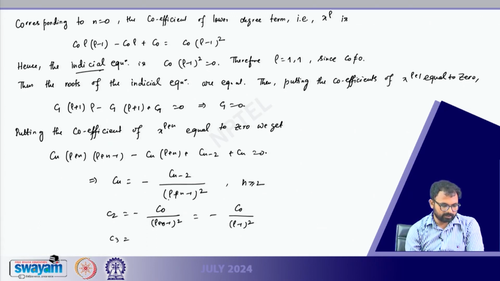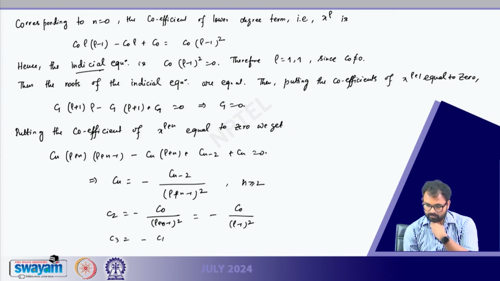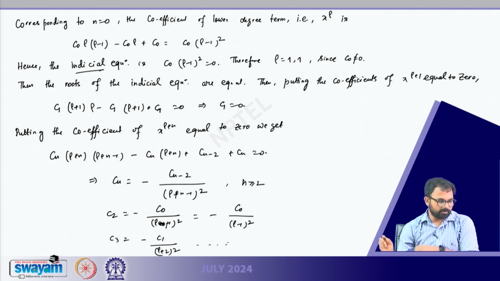So, if we have C3, it will become minus C1, and when we substitute n equals 2, this becomes (rho plus 2) whole square, and so on. So, we can calculate the remaining coefficients.